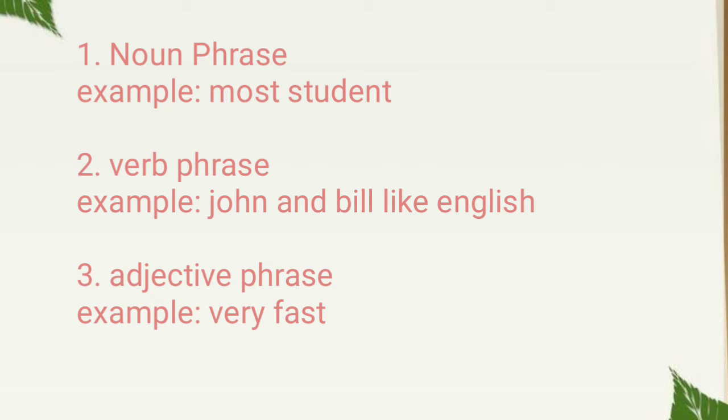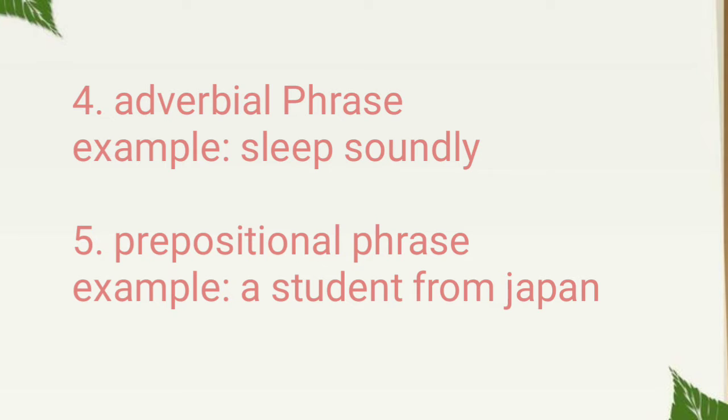Like English is a verb phrase. Then the adjective phrase. The example is very fast. Very fast is an adjective phrase. Then the adverbial phrase. The example is sleep soundly. Soundly is an adverbial phrase. And the prepositional phrase, a student from Japan. From is the preposition.